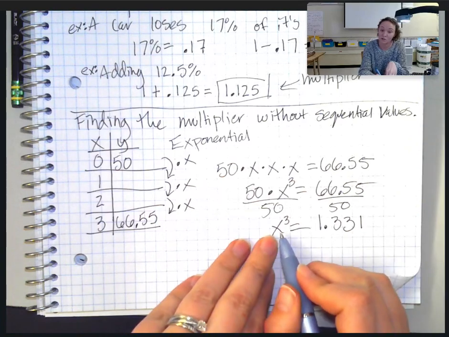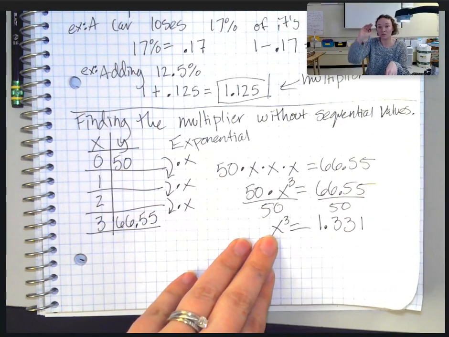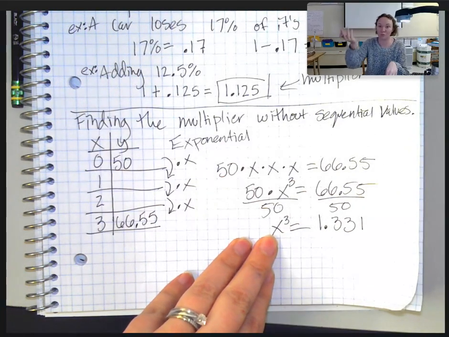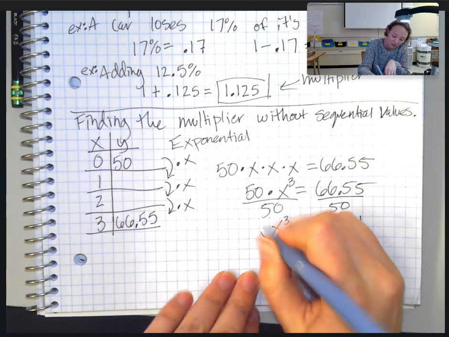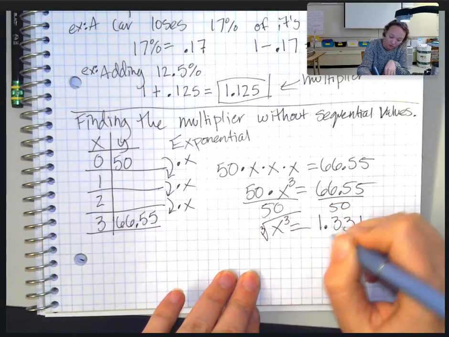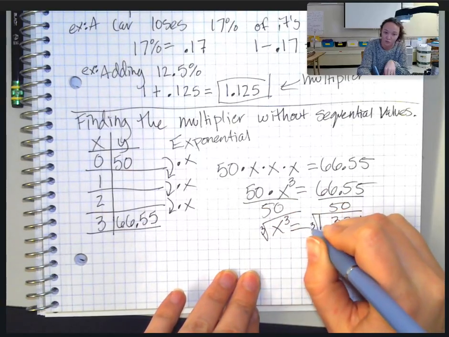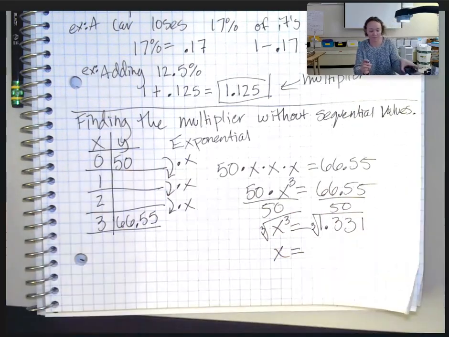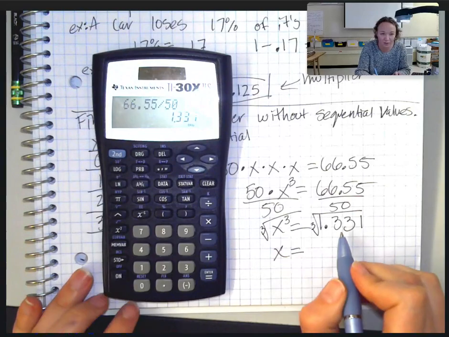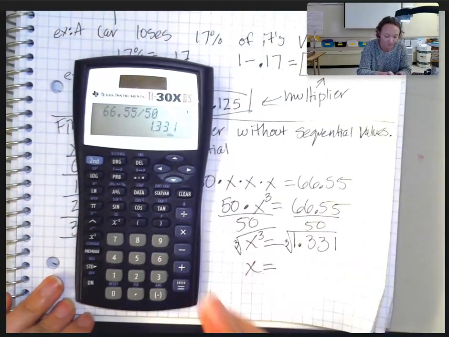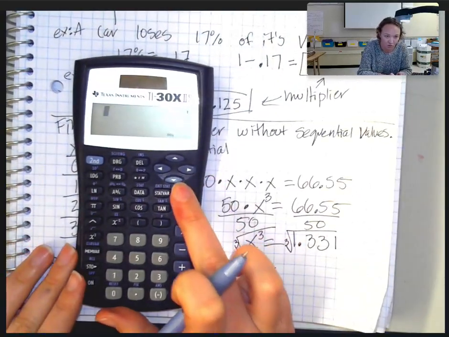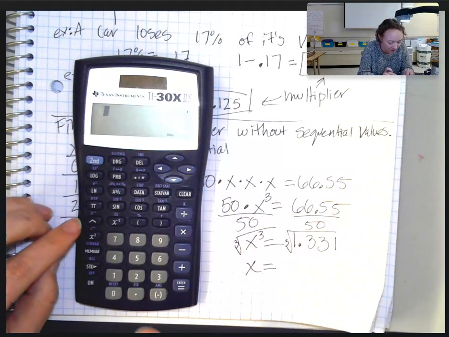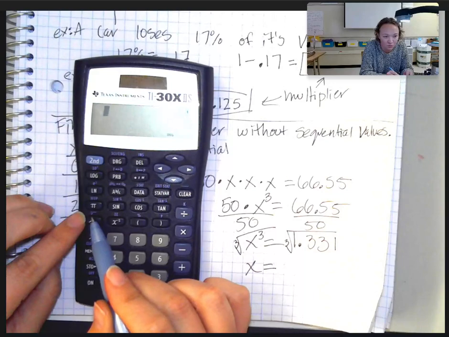Well, since this is x to the third, I can undo cubing something by doing a cube root. So I can take the cube root of both sides. And when I do that, this time I will have to type that number in again. So I'm going to do, cube root is the little x root right there.